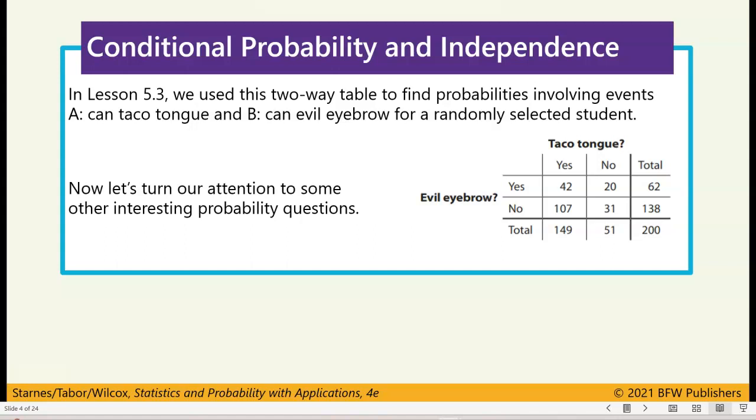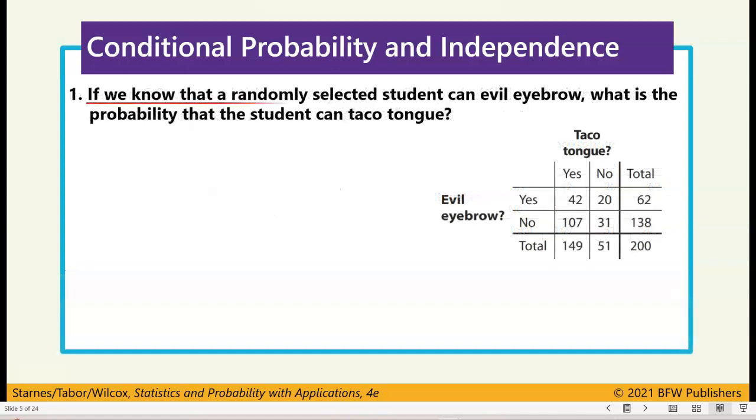Okay, so remember the taco tongue and the evil eyebrow. Let's turn our attention to some other interesting questions. If we know that a randomly selected student can evil eyebrow, that's the given. Sometimes they don't use the word given, but that's the given statement. So we're only looking at evil eyebrow yeses here.